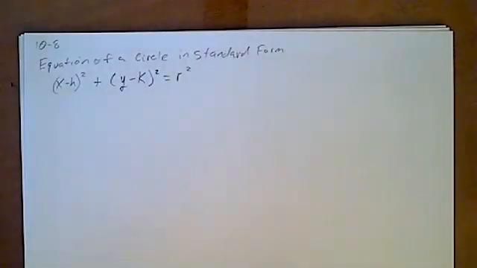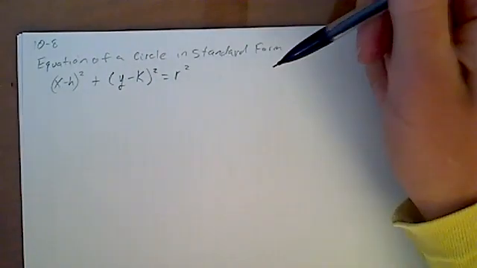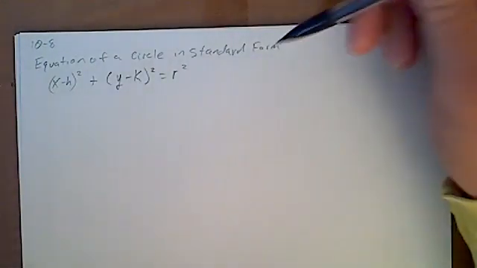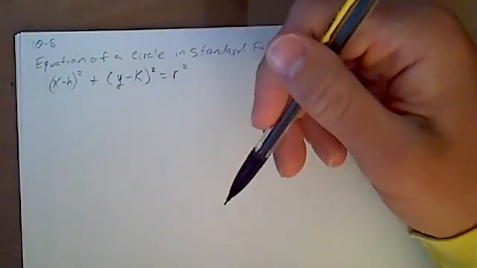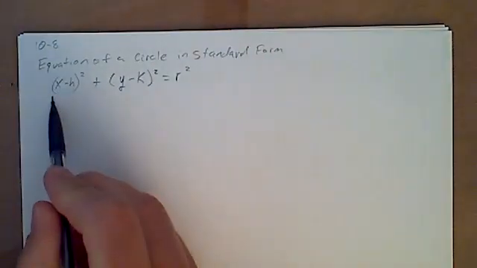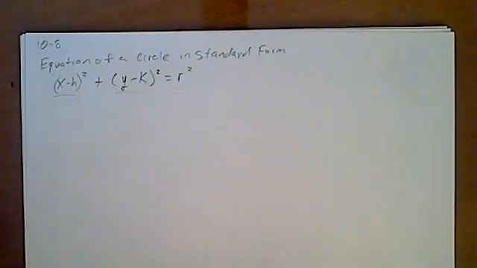There should be some familiarity with this equation, because it's very similar to two other equations we've used all year: the distance formula and the Pythagorean theorem. We have something squared plus something squared equals something else squared.